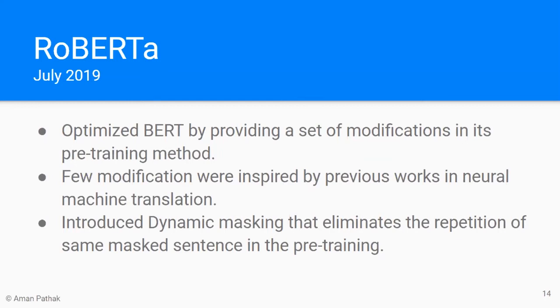The MLM protocol was masking the same sentences in the training data, and this actually caused a repetition in the training process, because for each sentence, the same words were being masked. So RoBERTa introduced a dynamic masking strategy which provided a diverse group of sentences for the pre-training model.